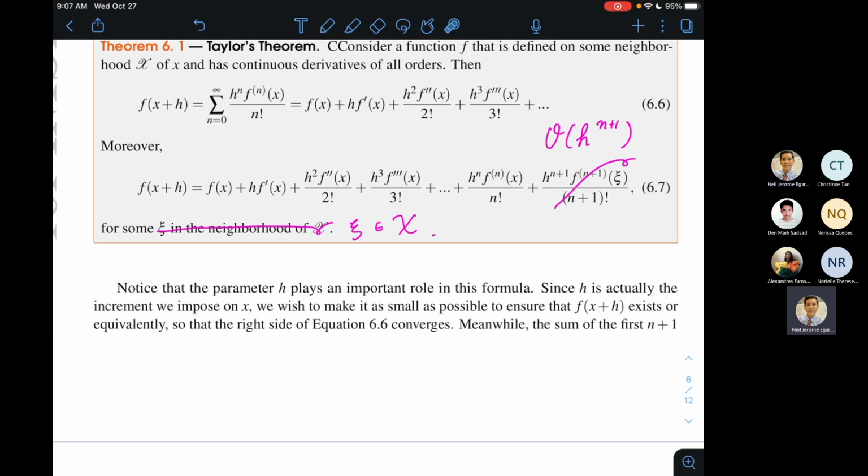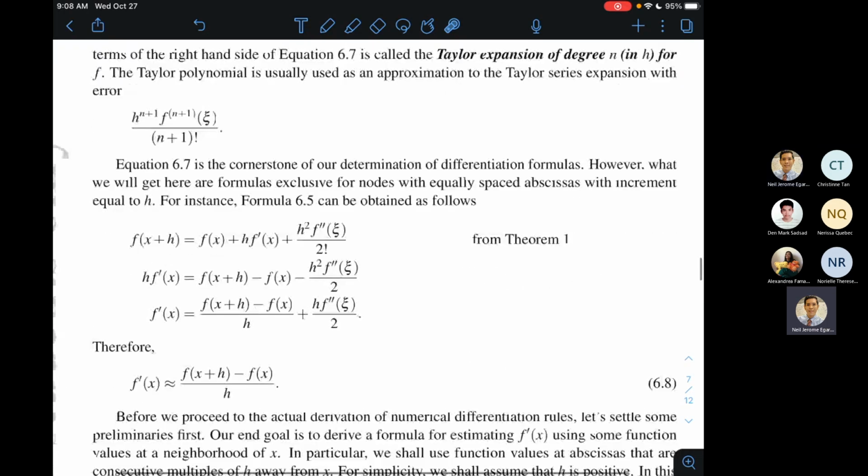Okay? Kaya pwede nating sabihin to ay order n plus 1. Right? And we'll use this in order to get an estimate for the derivatives. Kasi kung makikita nyo, yung mga terms dito sa expansion, nag-i-involve siya ng mga derivatives. So we can take advantage of this expansion to get certain formulas for the derivative of f. Yan yung sisimulan natin with the first few examples today.